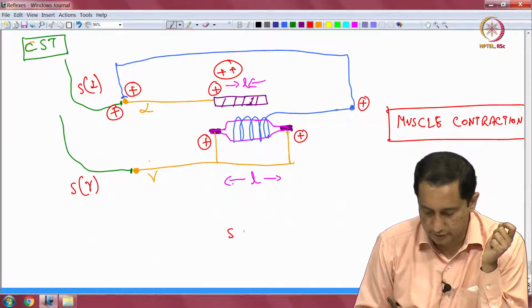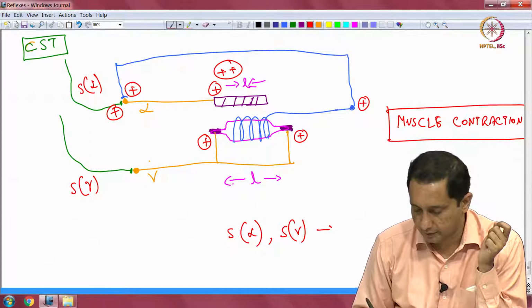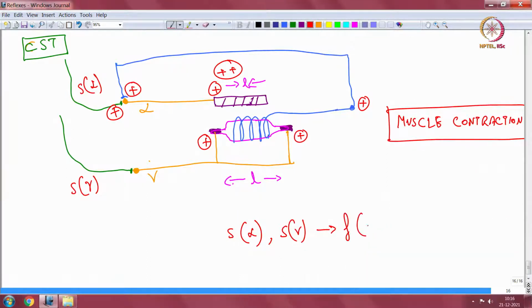So, signal alpha comma signal of gamma can act to change the length of the skeletal muscle. I do not know the notation for showing the difference between two signals, and so that is the reason I am showing this.